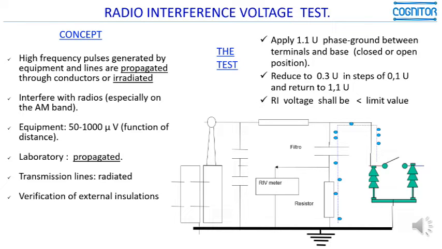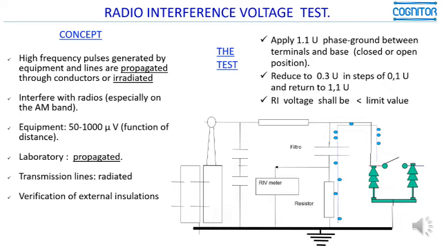We apply a voltage up to something around 1.1 phase to ground voltage in the terminals, applying this between the terminals and base, and we go with this voltage up and down during a certain type of cycle, and along this cycle we are measuring the voltage drop in the resistor, which is shown in the right side of the figure.